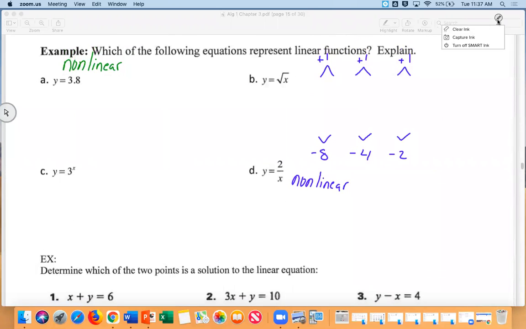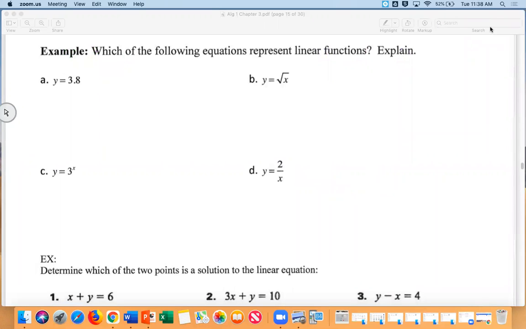So let's talk about what a linear function looks like in equation form. There's an easy way to do this. The easy way is take your calculator and plug it in. But I know not everybody has a calculator.